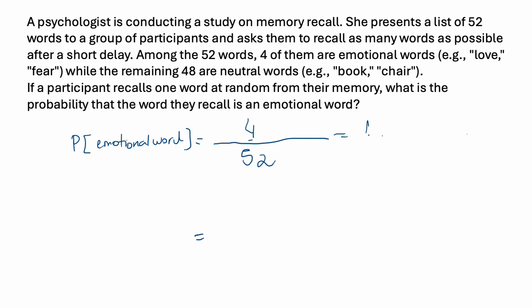So this is 4 over 52, or 1 over 13. And it makes sense if you think about an equiprobable sample space. If all the 52 words have to sum up to 1, each word has a probability of 1 over 52. And you want 4 of them. So it's 4 over 52.